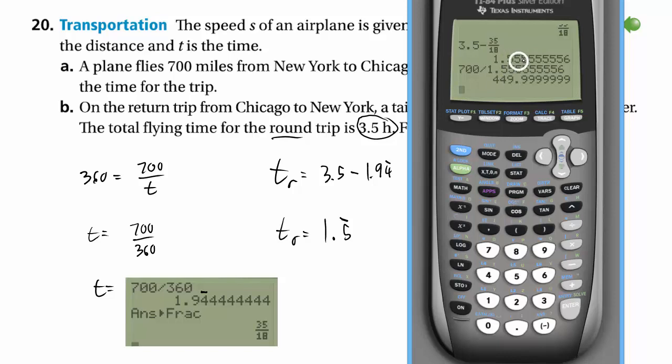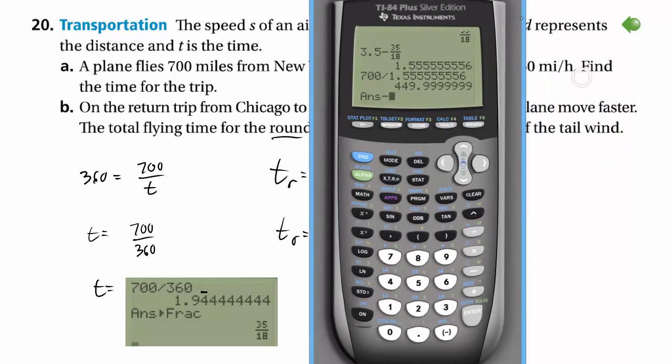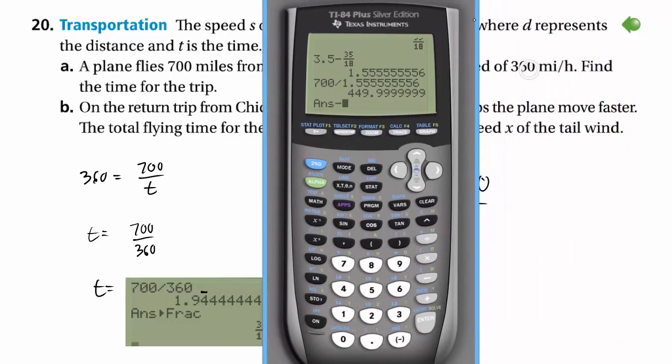Even though the calculator is exact, it's sort of rounding here. But this is the total speed. That's not the speed of the tailwind. It's the speed of the plane with the help of the tailwind. And since I know that the speed by itself, let's see, how fast did it go without wind? 360 miles per hour. So that means the tailwind speed is going to be about 90.